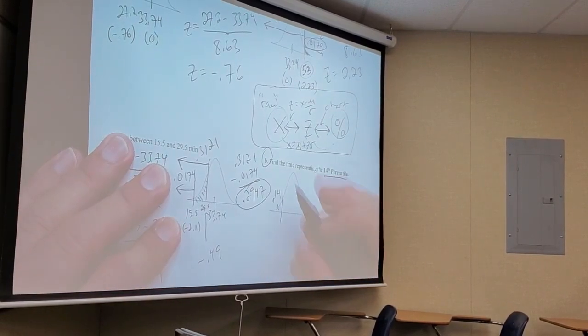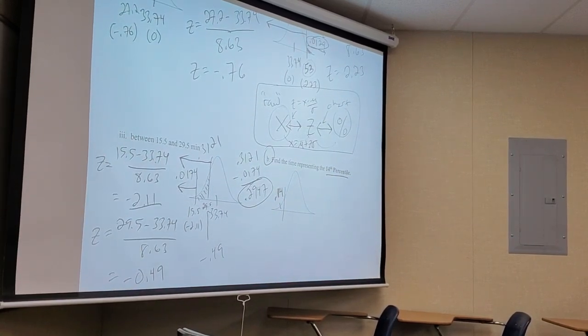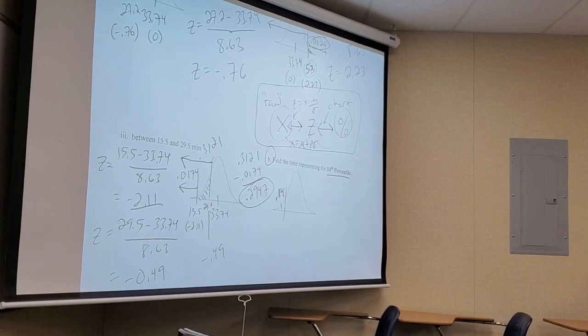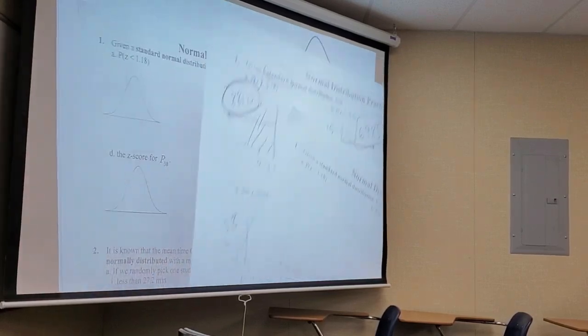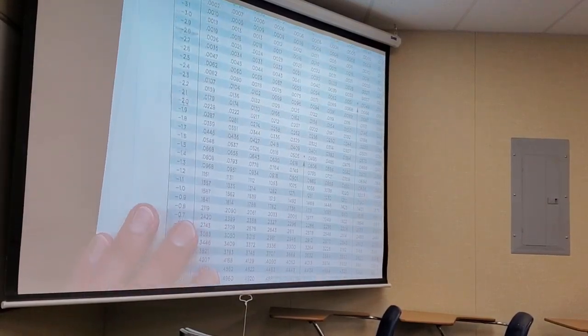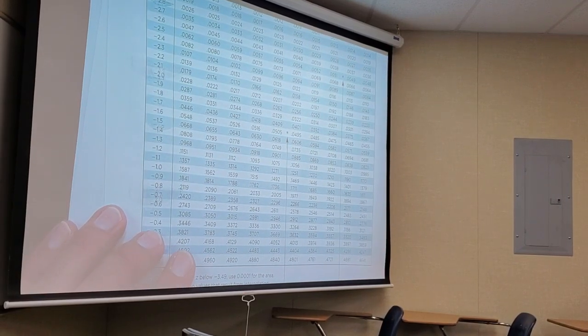So 0.14, don't say anything. Find the z-score and then sit on it for a minute. So if I have an area of 0.14, look up the z-score. Yeah, there's something that's really close.